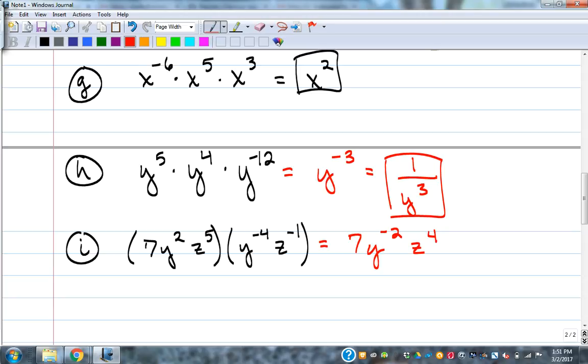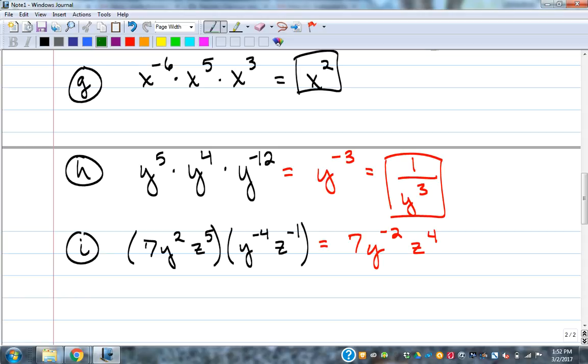Which one of those needs to move? Does the 7 move? Just the y. Why doesn't the 7 move? Because it's multiplying times the y. The only part that has the negative exponent is the y. That's a very, very common mistake that's very simple to fix. You got to look, what has the exponent?